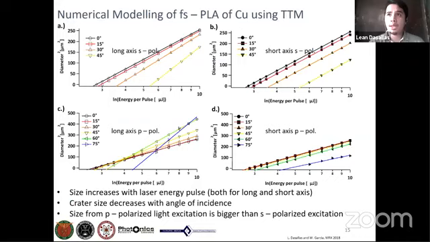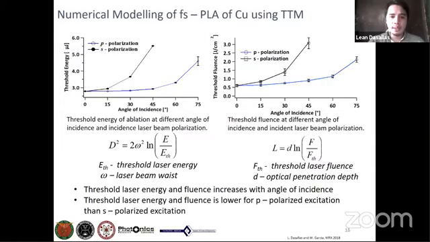This will be important in some optoelectronic applications, especially if you want to do some more complicated surface patterns for different applications such as sensing. The material property, which is the energy needed to initiate the ablation, is also determined.